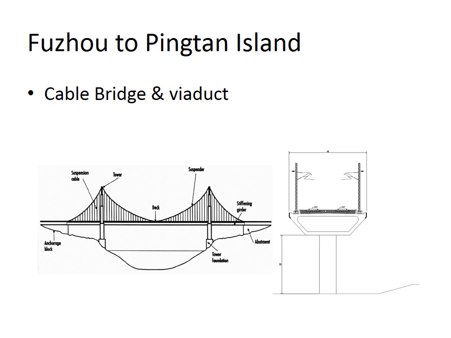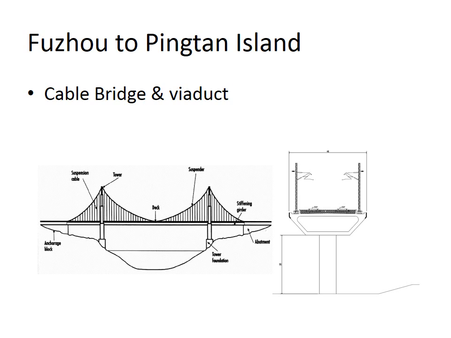And from Fuzhou to Pingtan Island, we can see from the Google map that there will be some 10 kilometers distance of water. Then we will propose a cable bridge to link the mainland and Pingtan Island.